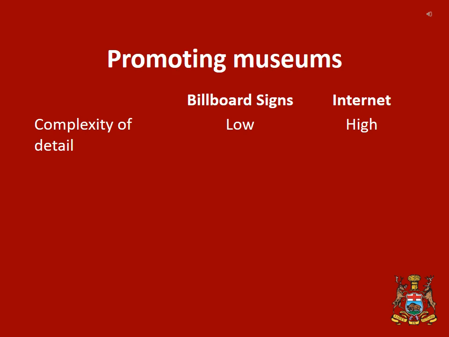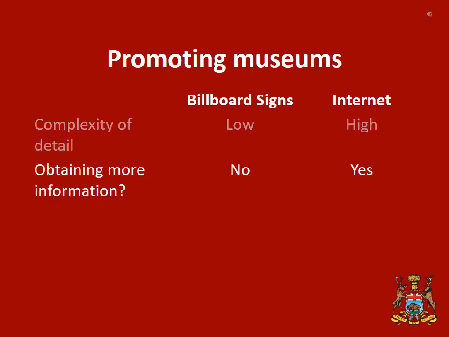And of course, the more information you provide, the more deeply people can dig, and they, in theory, could find all kinds of information. So you could give them all sorts of very detailed information using the internet. If you provide a billboard sign, then they really only can get the information that's on the sign, unless you provide them with some link to somewhere else.